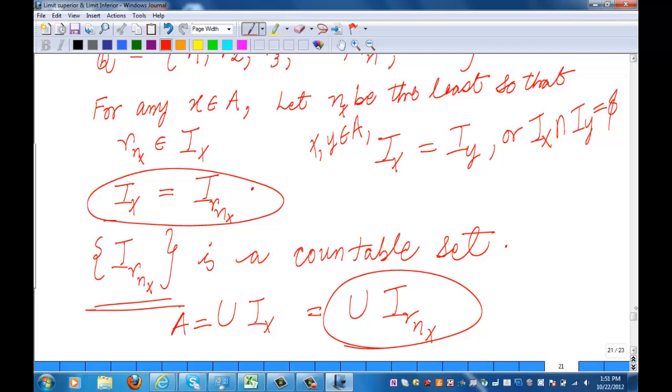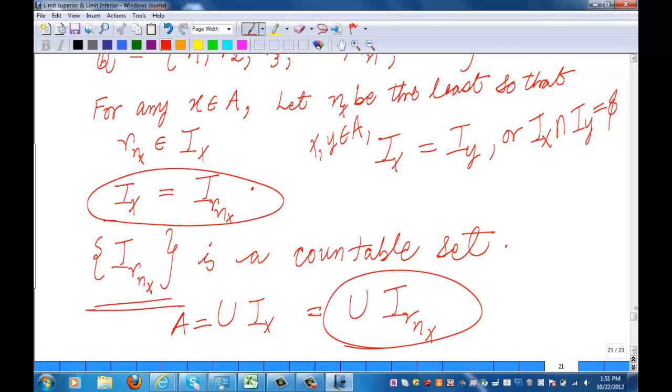Why would that be the case? Think about the picture I gave you. We're thinking about some ax, you have x, you have bx. And then we are saying Ix and Iy are different.